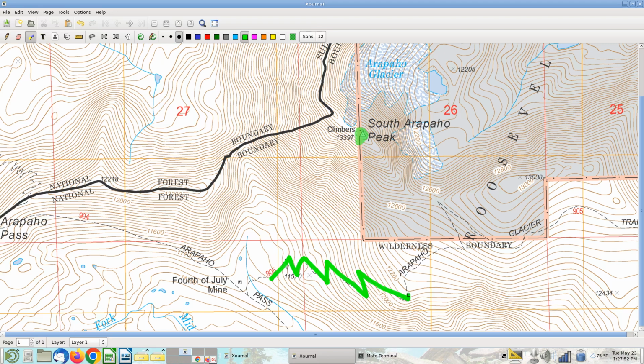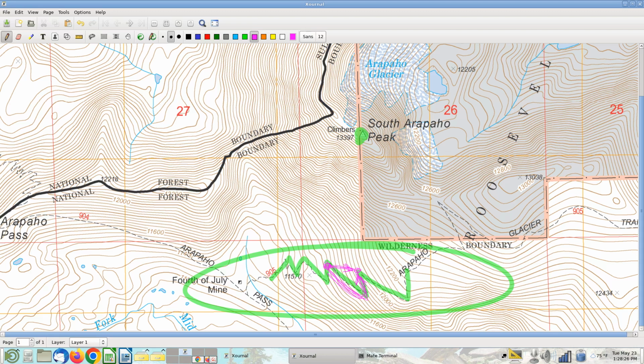Right? All of this right here. The purpose of switchbacks is so that you don't have to go straight up the steep hill. So instead of, for example, going from here to there over a very short distance, you get to do that altitude gain over a longer horizontal distance, and therefore it's not as steep.